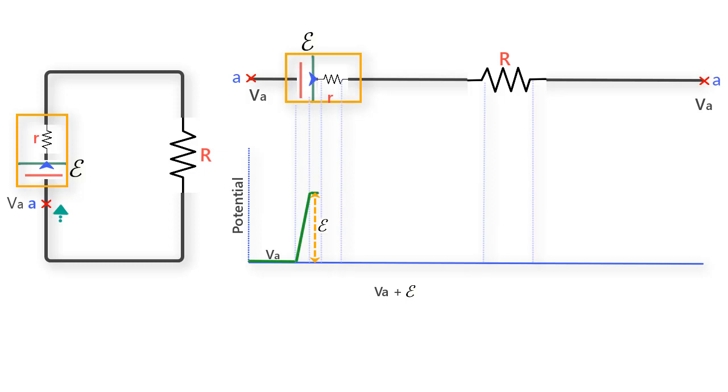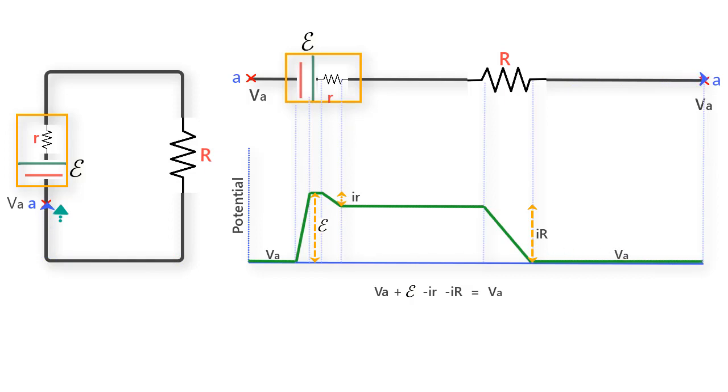Then it stays the same but drops by Ir as the charge passes through the internal resistance r. It continues to be the same and drops again, this time by I times capital R when the charge passes through resistor R. And you see, the charge is again at the same potential VA as it reaches back point A.